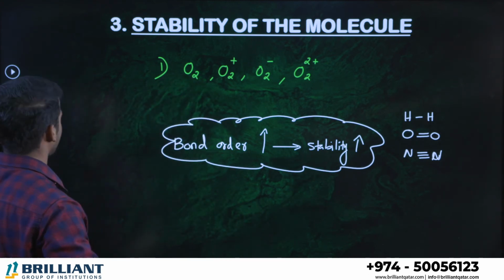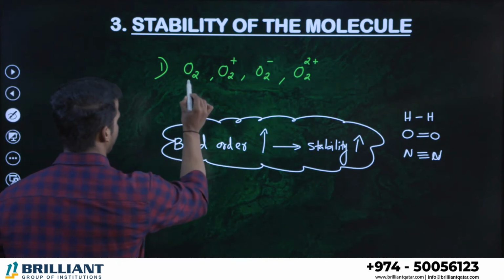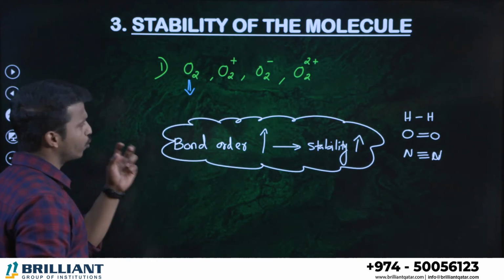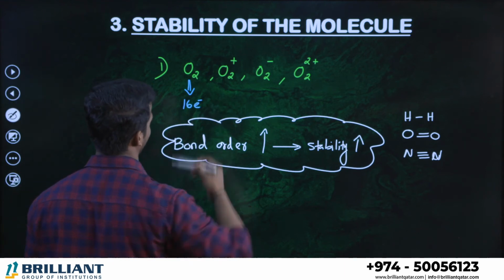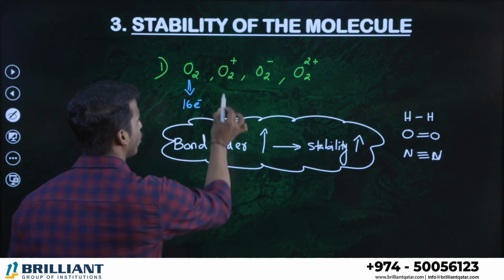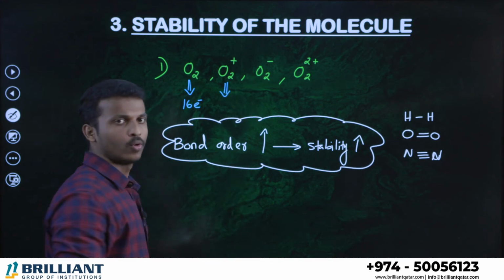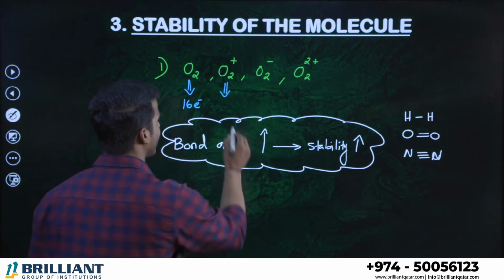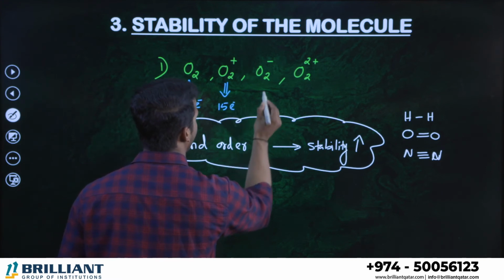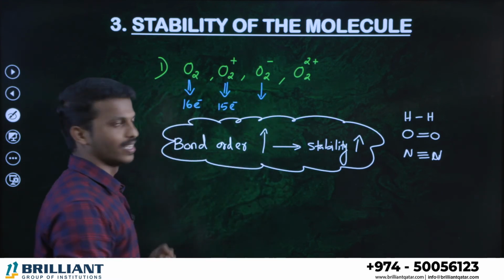First of all, the O2 molecule: how many electrons are there? Yes, 16 electrons. What about O2 plus? O2 means 16 electrons, plus means it loses 1 electron, so it has 15 electrons. What about O2 minus?